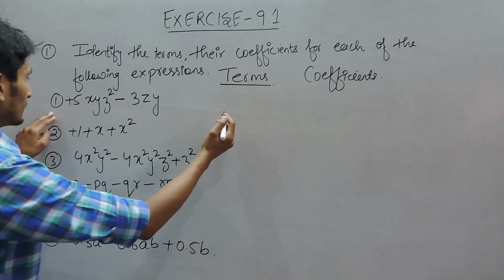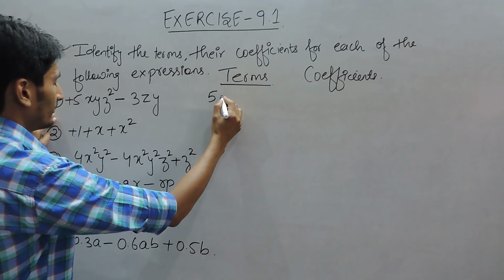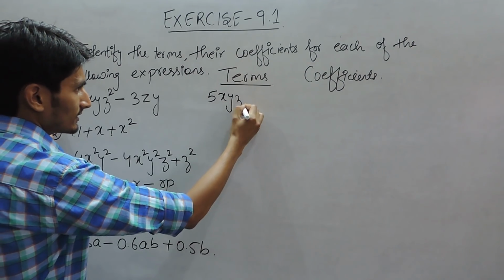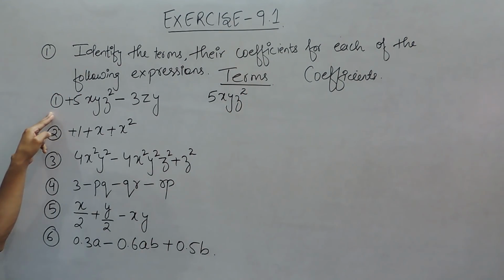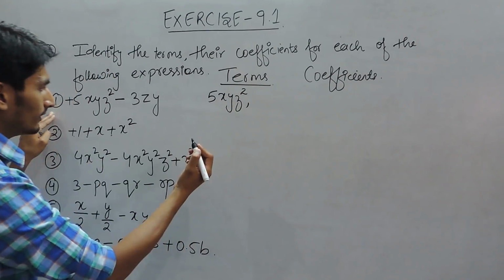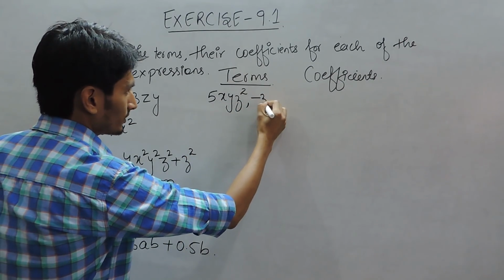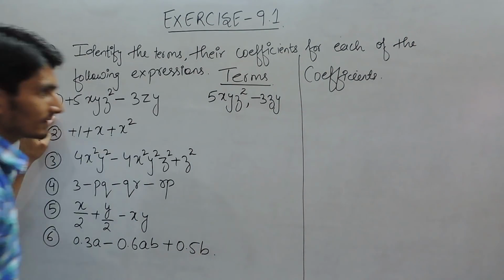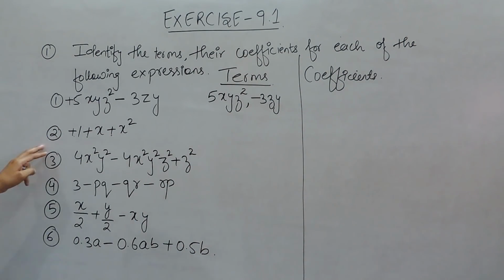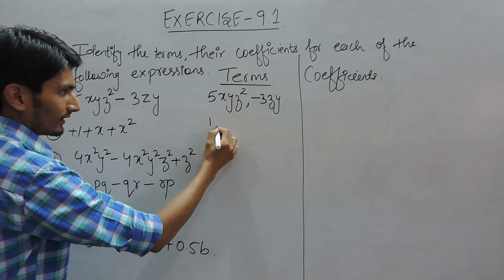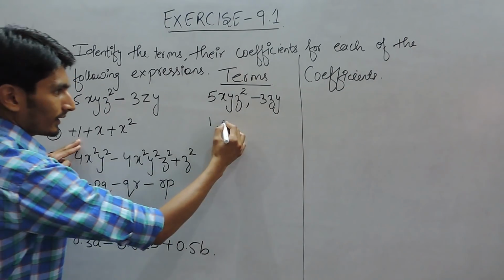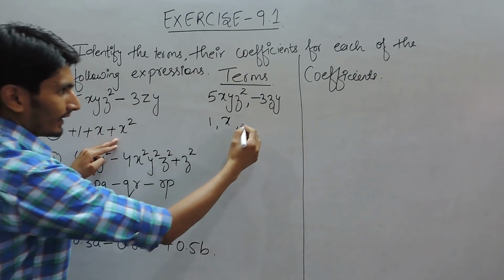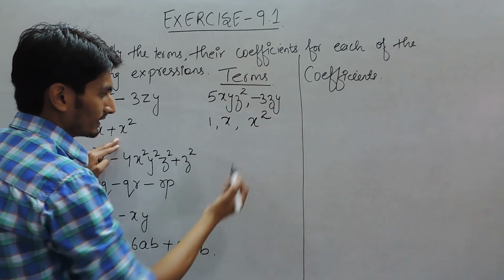So in the first case the terms are 5xyz square, this is the first term, comma, minus 3zy, and this is the second term. In the second question, 1 is one term, x is another term, and x square is another term.